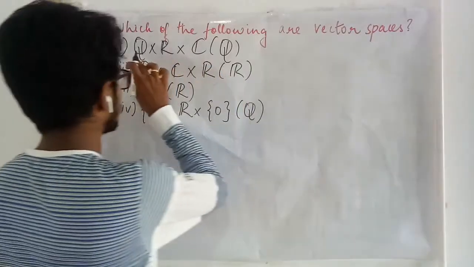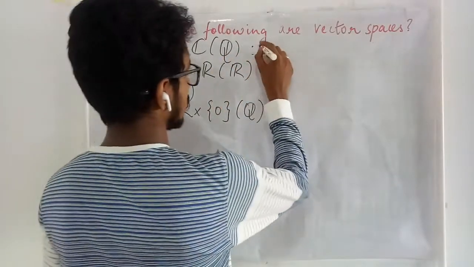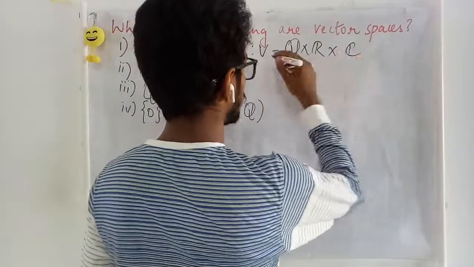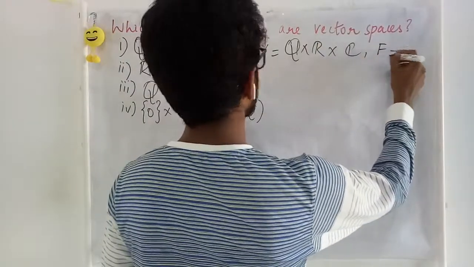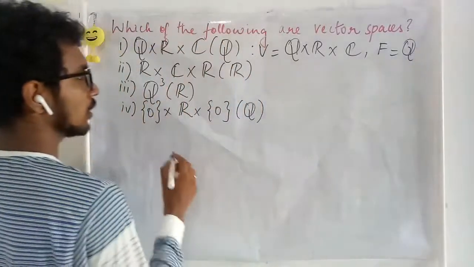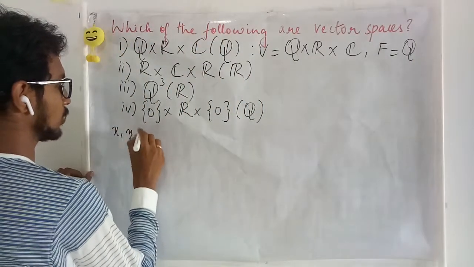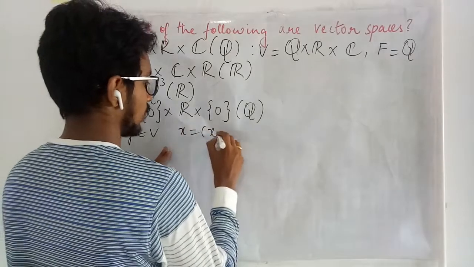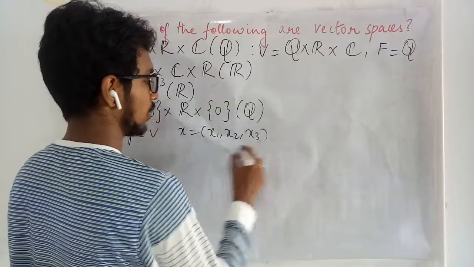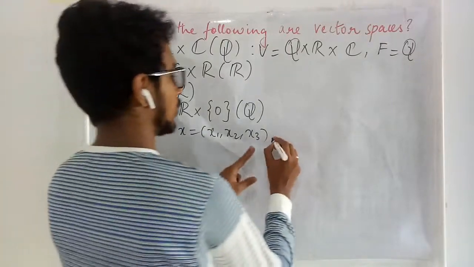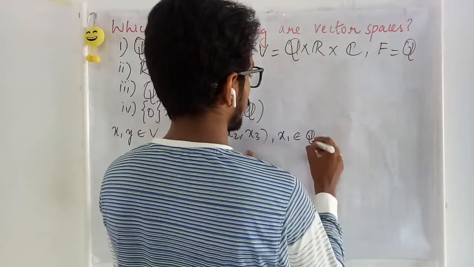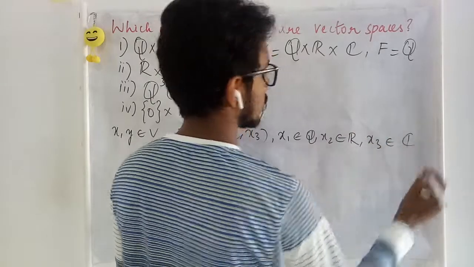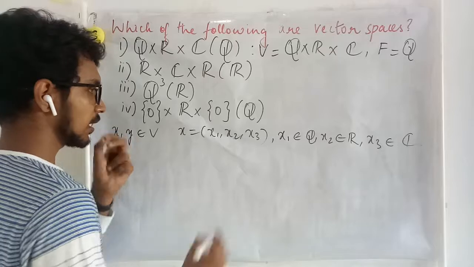That means, suppose let me take this Q Cartesian R Cartesian C to be V, and my field to be Q. In that case, if I take any element of this form, my elements will be 3-tuples, where x1 is a member of Q, x2 is a member of R, and x3 is a member of C. Right?